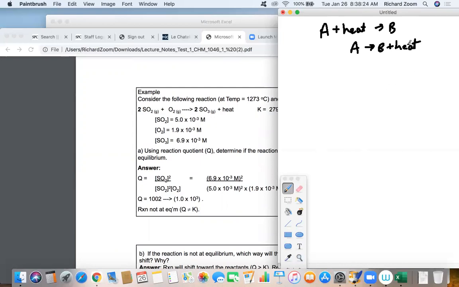So there's two kinds of reactions we talk about. This one is endothermic, and the other one is called exothermic.